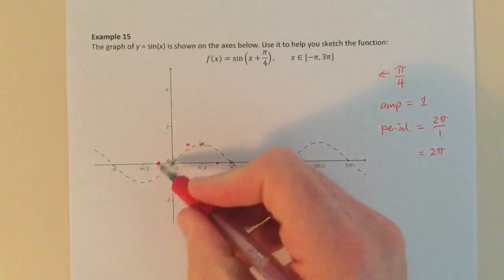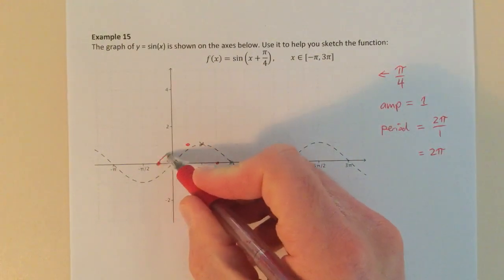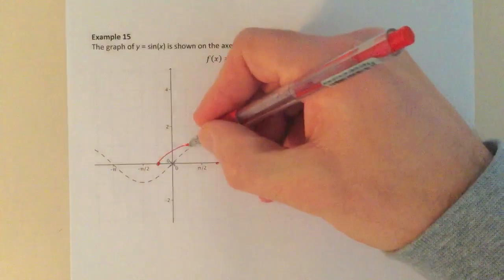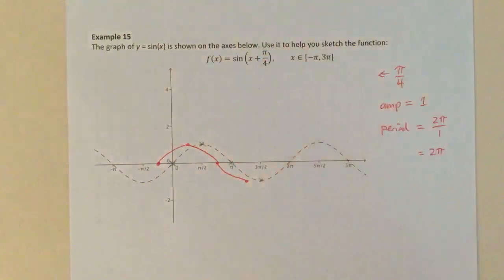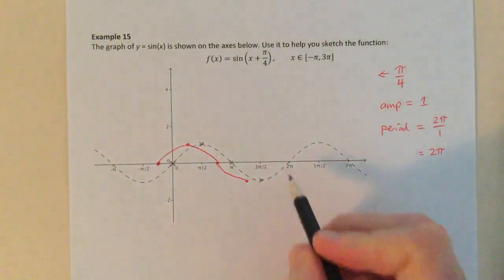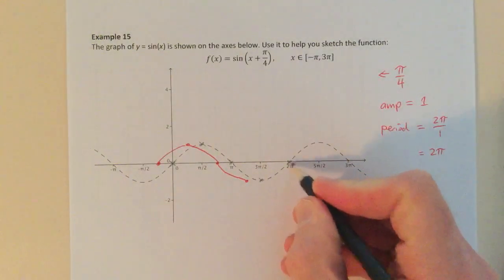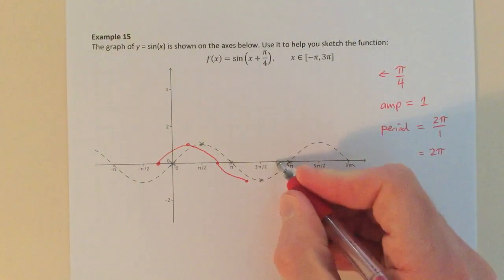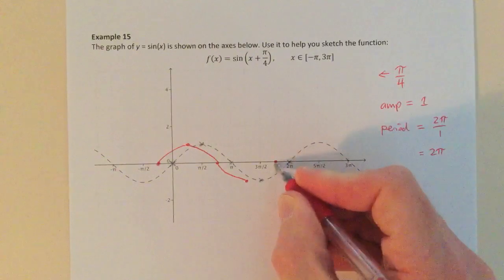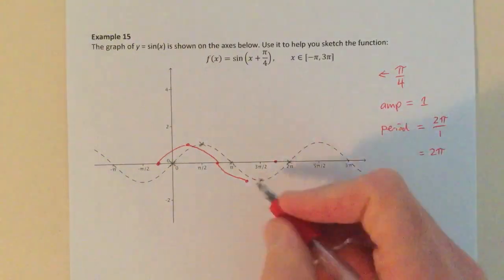So in actual fact, I've probably got enough to just draw one cycle of this graph. Sorry, almost one cycle. This reference point here at x-intercept at 2 pi is going to come across here to this position.